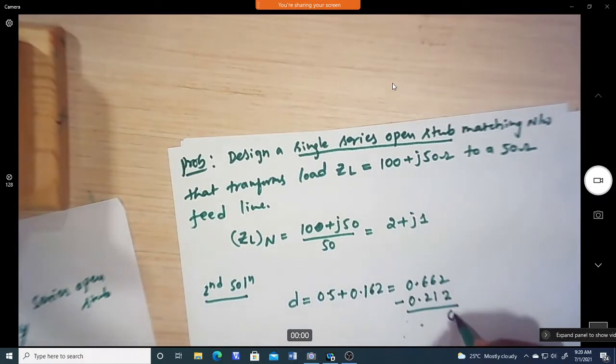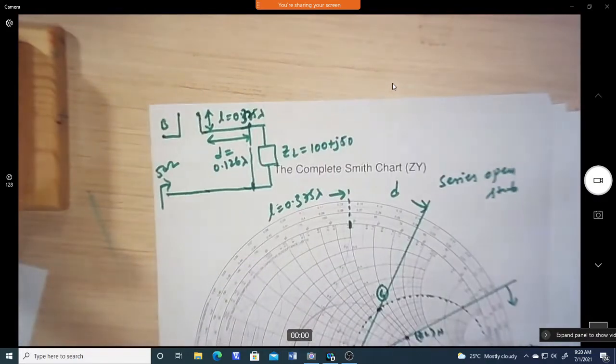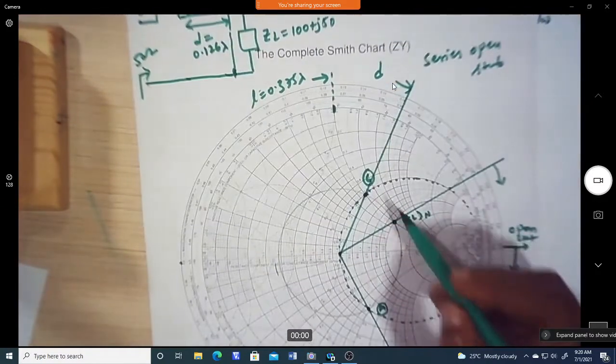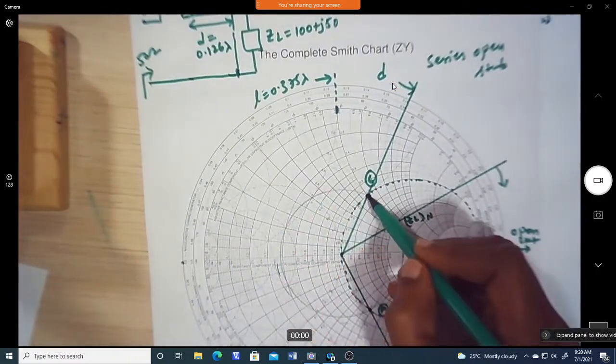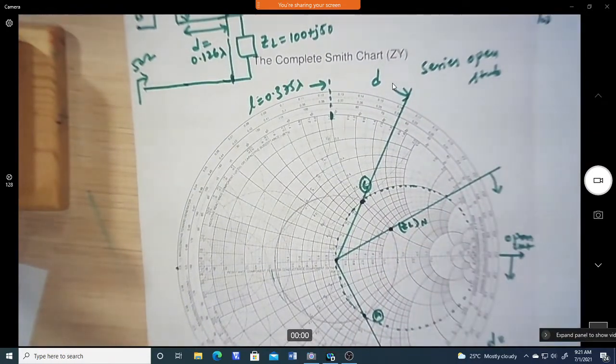So now we are going to get 0.44 lambda. So this is the distance, that is, moving from this point to this point, from the load point towards the generator till this point. Okay, so that is the distance.